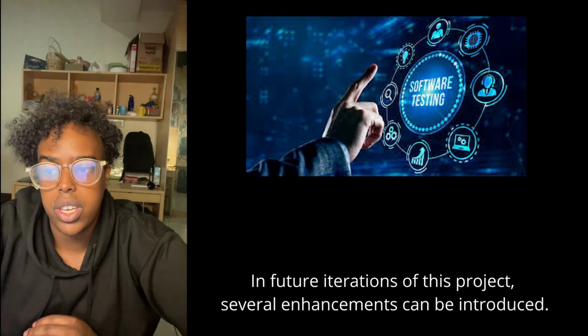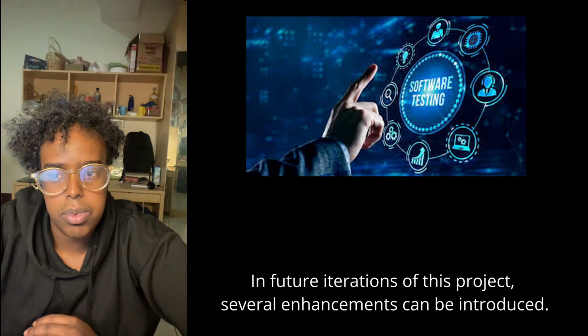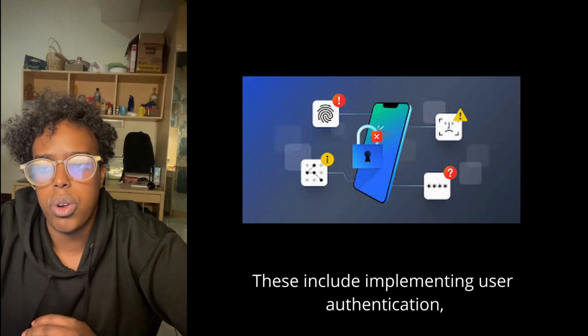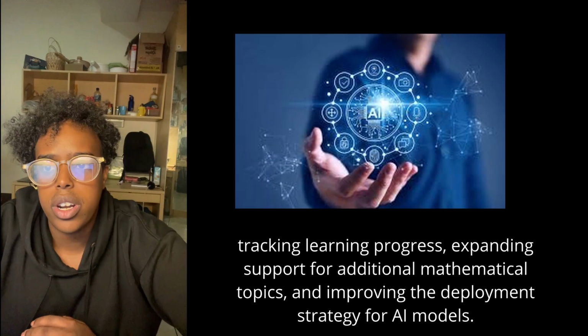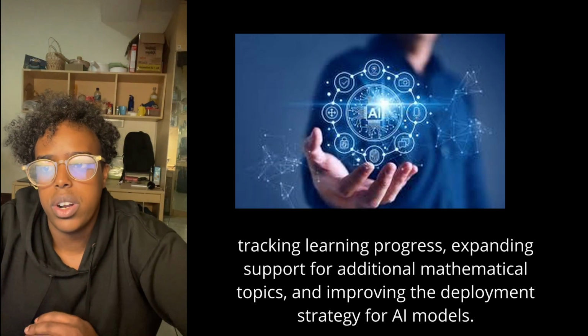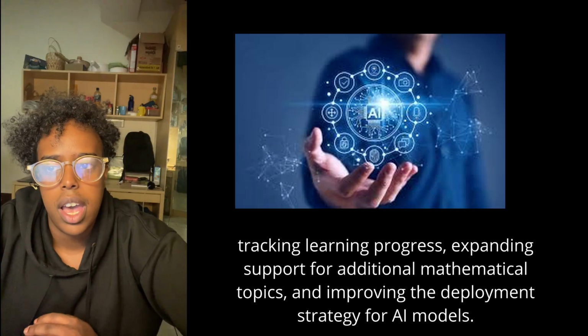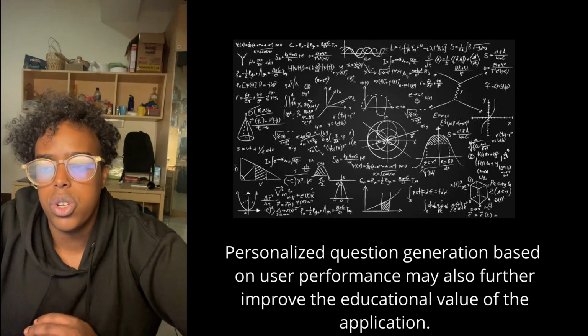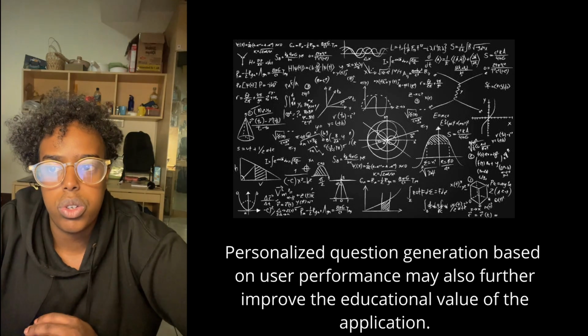In future iterations of this project, several enhancements can be introduced. These include implementing user authentication, tracking learning progress, expanding support for additional mathematical topics, and improving the deployment strategy for AI models. Personalized question generation based on user performance might also further improve the educational value of the application.